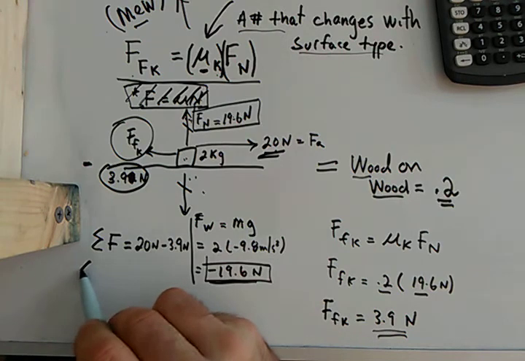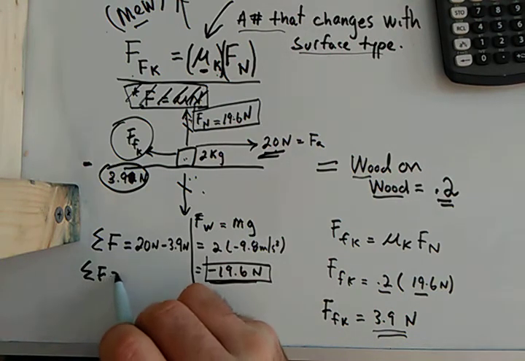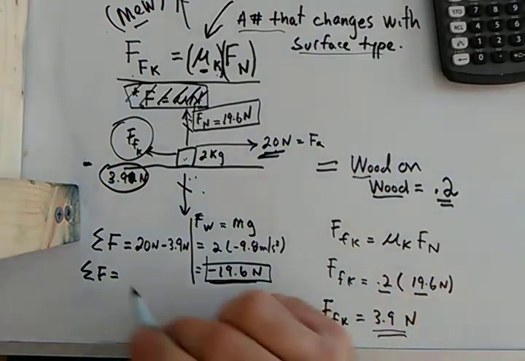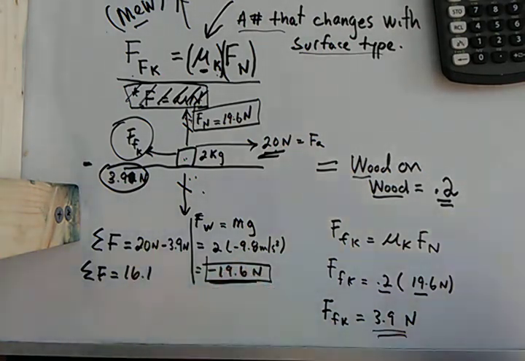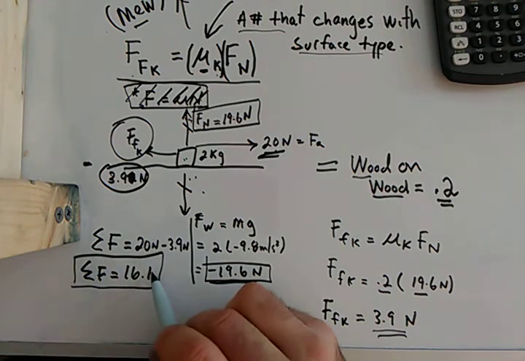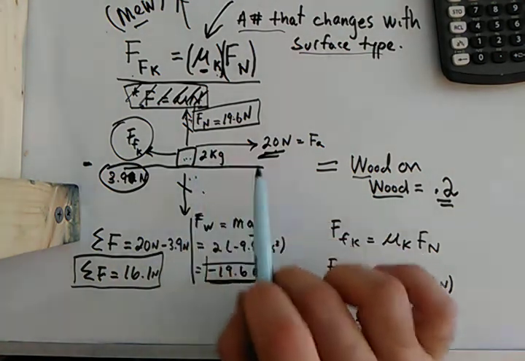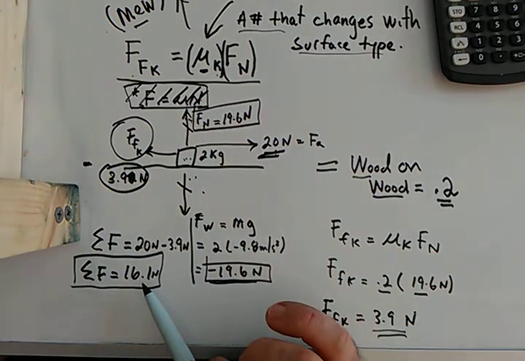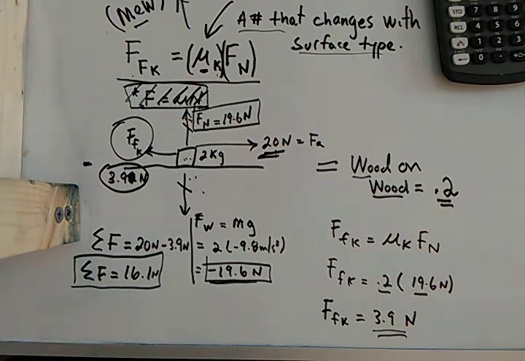So my net force on this entire system is 20 minus 3.9, 16.1. Now I've gone a little further with this video and I'll explain more in the next, but I've found the net force acting on this block because of its friction now is not 20, but it's 16.1. I'm going to take it to the next step.